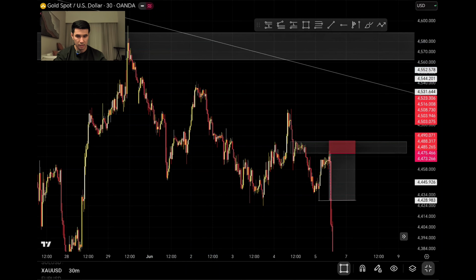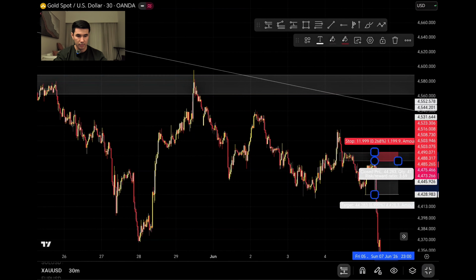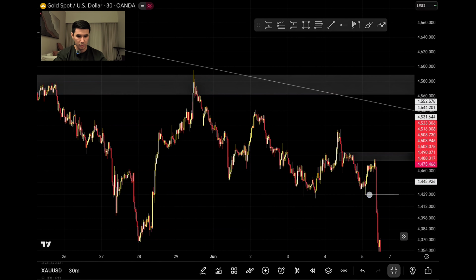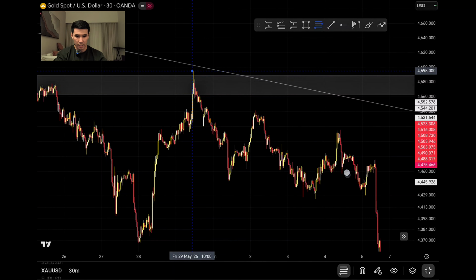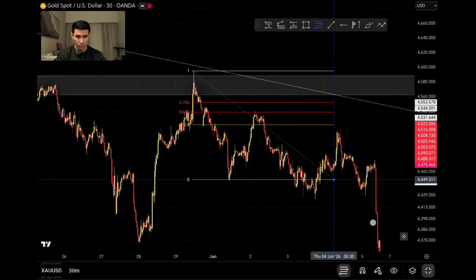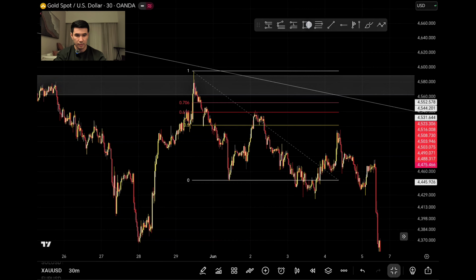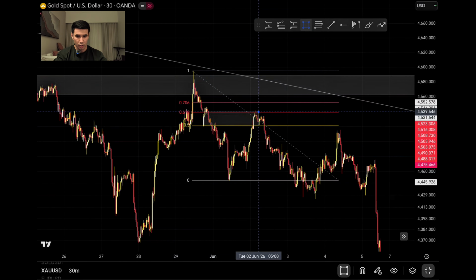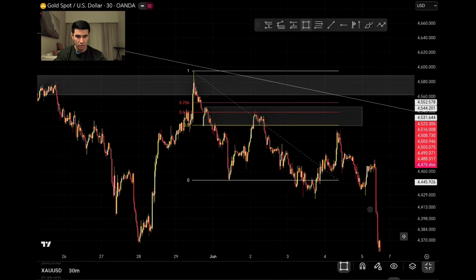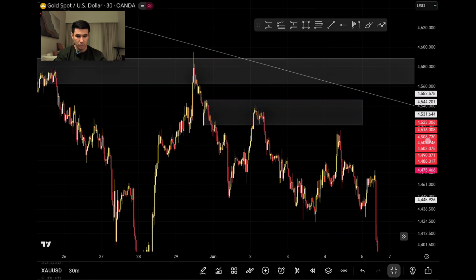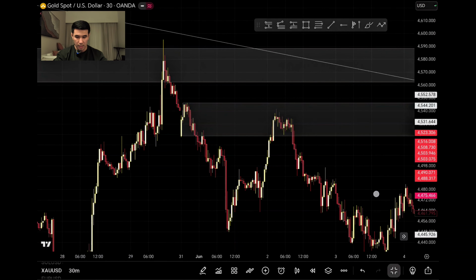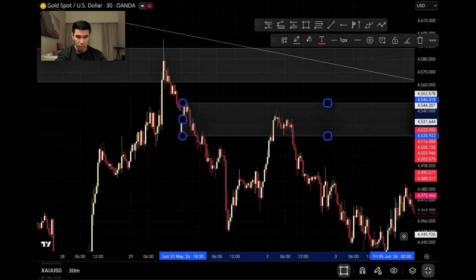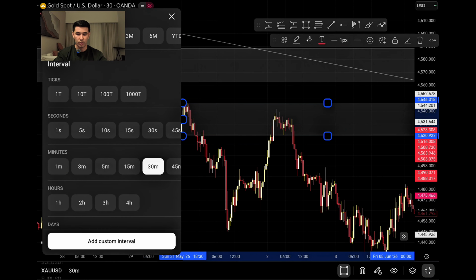Let's delete here, and here if we look, let me delete them. So here higher high to lower low, and we mark this Fibonacci golden zone. Yes, as you see here, as I mentioned, we are in 30 minutes. That's why we cannot see the order block, but now I will change the time frame so you can see the clear order block.